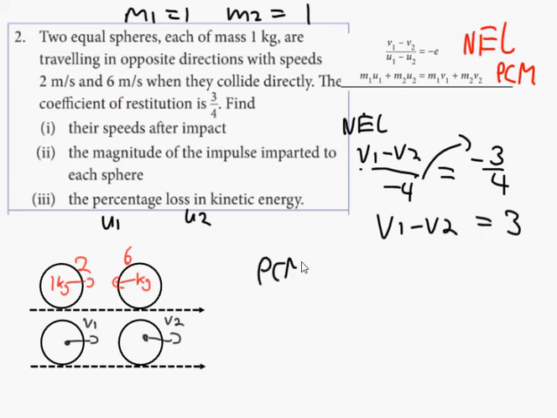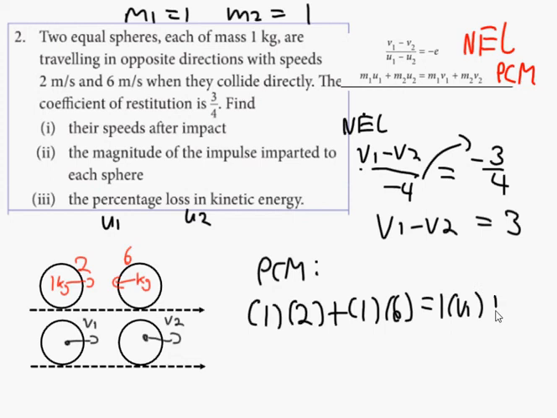You can label it PCM in your exam, and examiners will be happy to know where it comes from. So M1 is 1, U1 is 2, plus M2, which is 1, times 6, equals 1 times V1 plus 1 times V2.